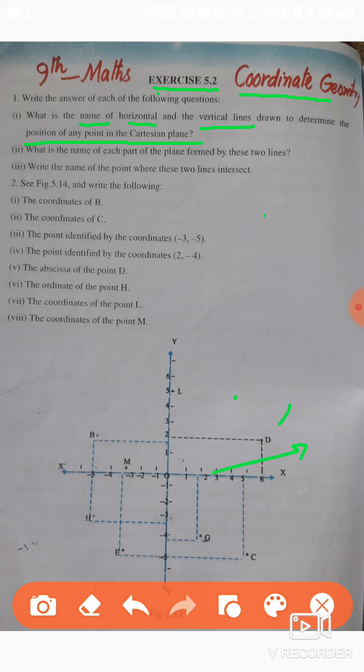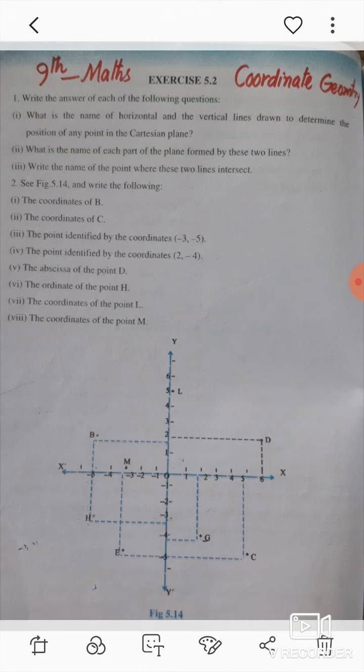We called it the x-axis, and a vertical line like this called y-axis. So the name of these two lines drawn to determine the position of a point in a Cartesian plane is x-axis and y-axis. The horizontal line is called x-axis, and the vertical line is called y-axis. So it is the answer of the question number first.